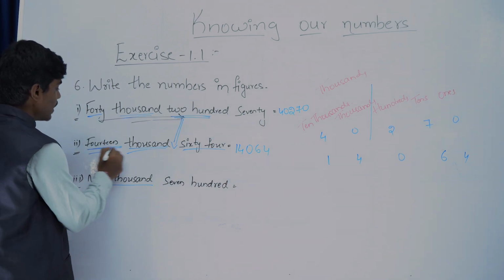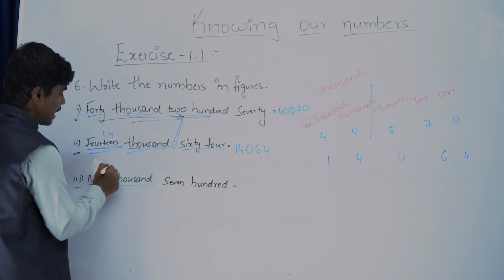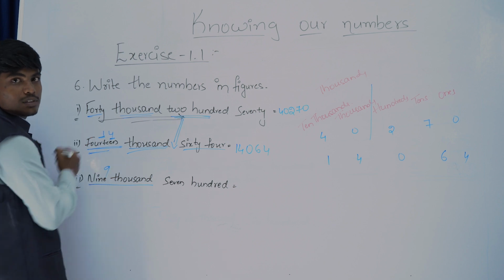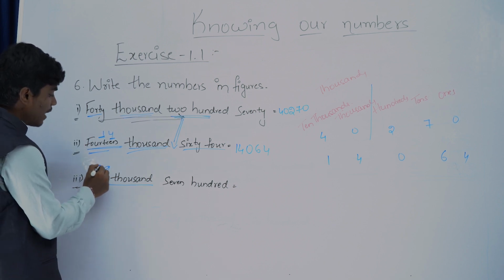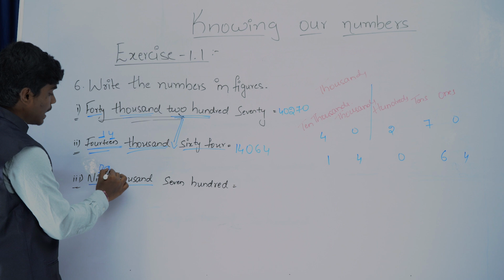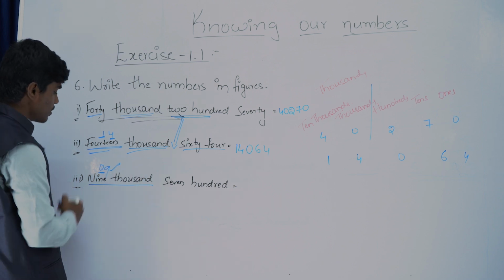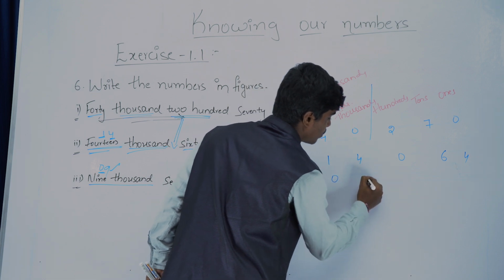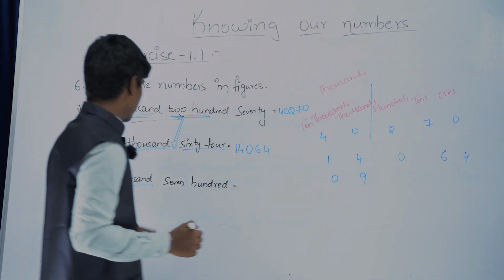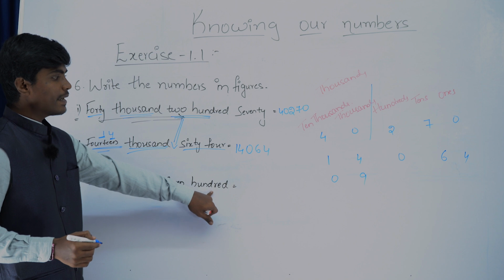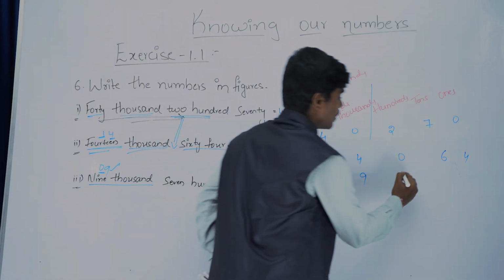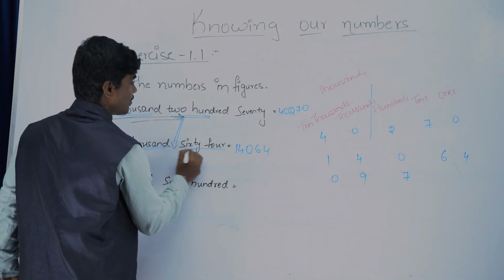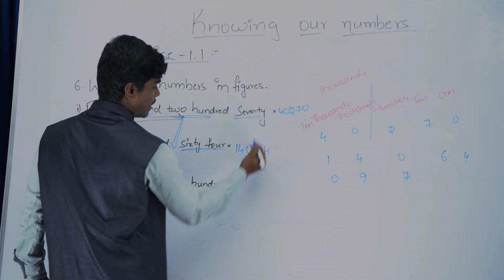Now coming to the third, here 9,000s. Here we have thousands and 10,000s. Here we don't have the 10,000s place; he has given only thousands. So 9,000s, and the 10,000s is 0. Then 700.